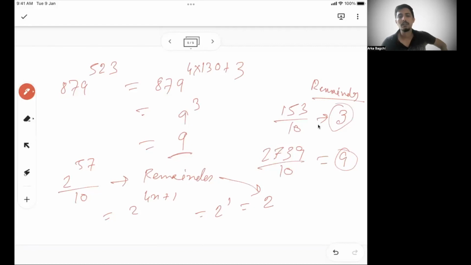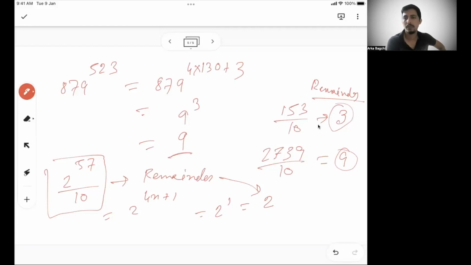That's how you can calculate these values. So if someone gives you this kind of problem, what is the remainder? Understand that they are not asking you to find it through the remainder theorem, but just by knowing the formula for calculating the last digit, you should be fine with this.